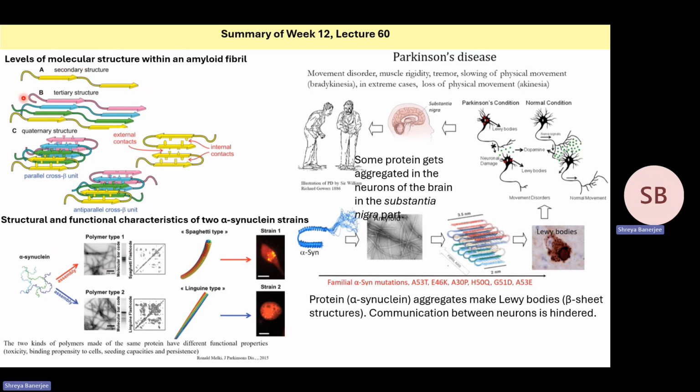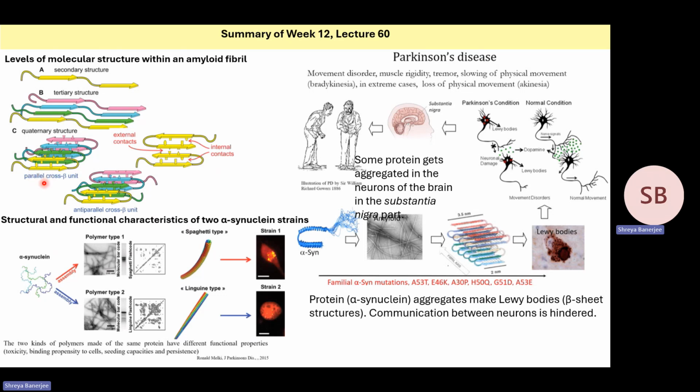The secondary structure you can see is just beta sheets along the amino acid chain. Each beta strand is represented by an arrow. In the tertiary structure, many of these beta strands are coming together. You can see this is a parallel beta sheet. This is also a parallel beta sheet. In quaternary structure, one beta sheet is folding over another beta sheet.